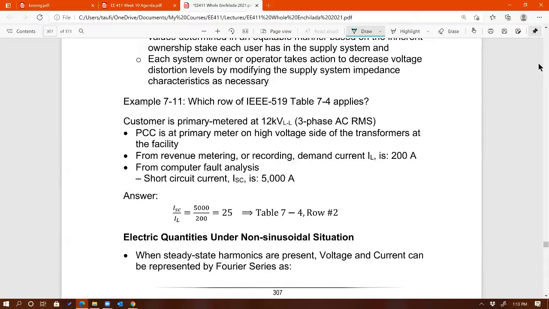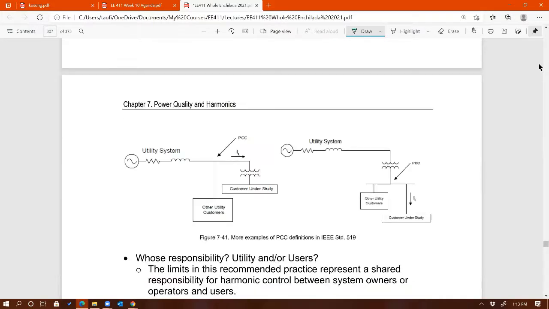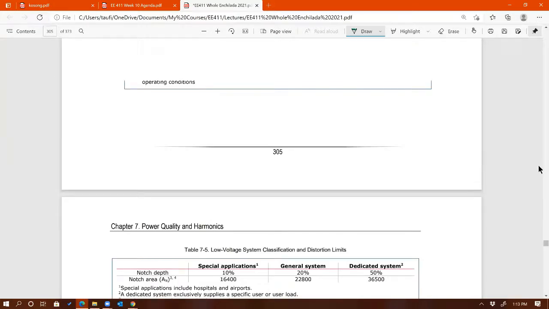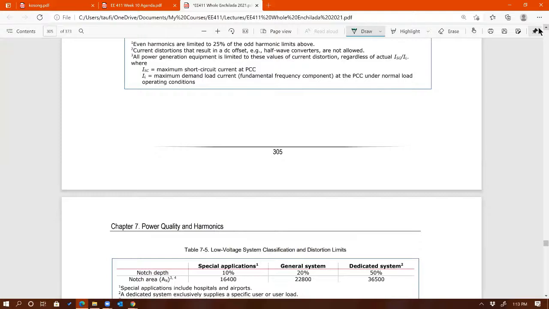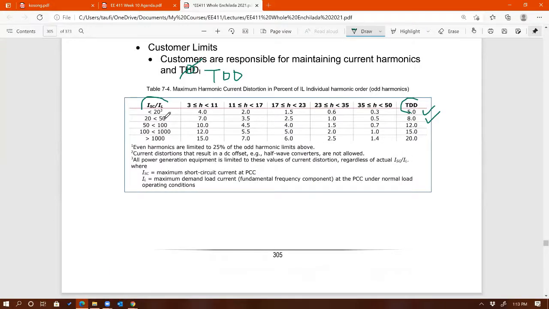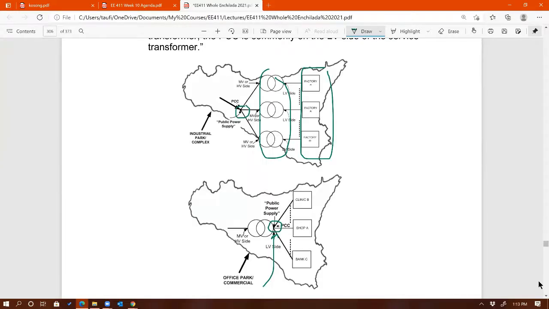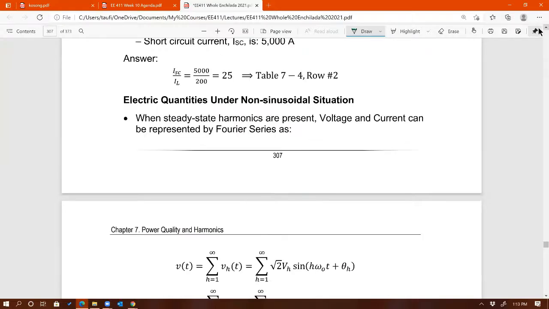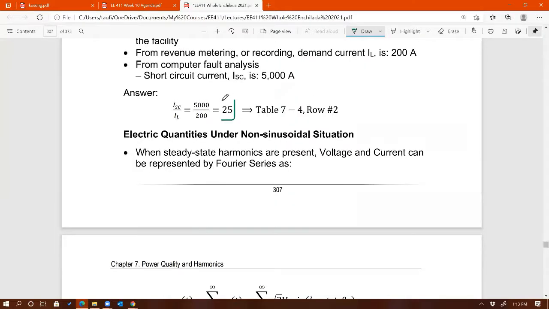So to find the limit on the total demand distortion, if you go to this table, that's equal to 50, right? Excuse me, is it 50? I don't remember now. Oh, 25, not 50. I don't know why I got 50.